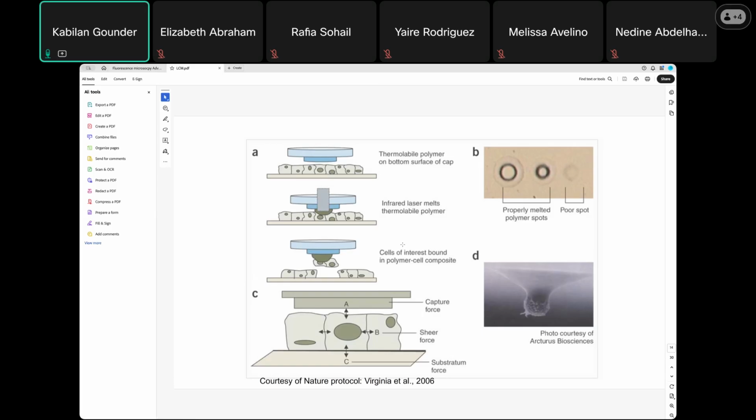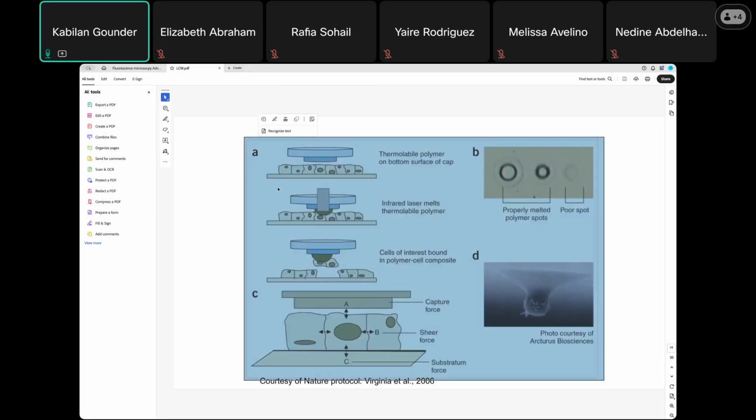Now you are going to observe under the laser capture microdissection. Imagine this is your slide. On top of that, you can see your section. When you see under the microscope, you can see the structure of the cells.